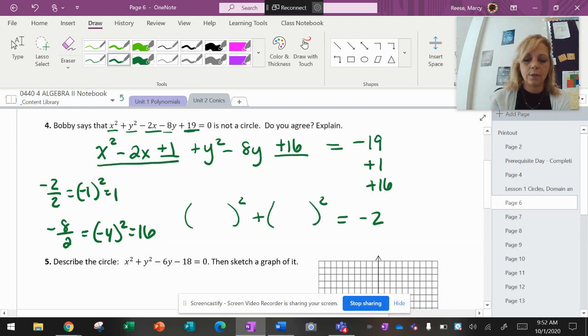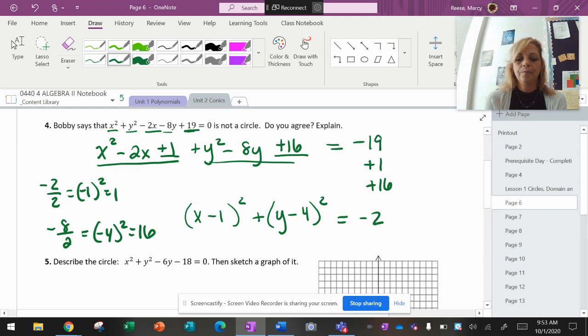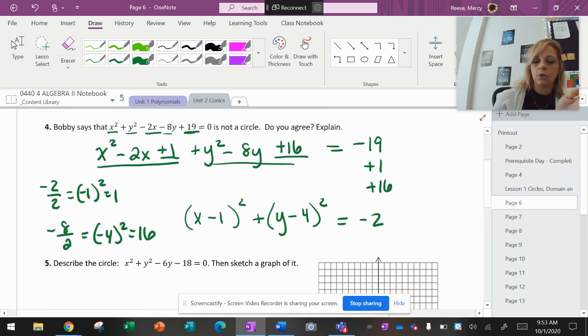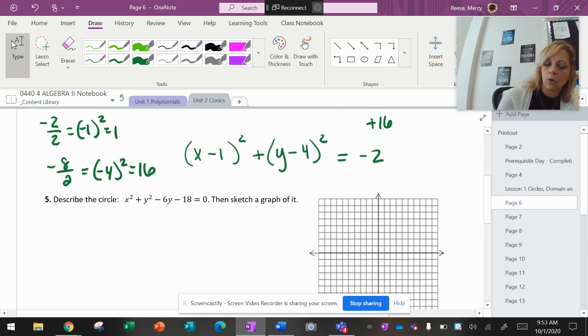So here is my result from taking these and setting them up as factored form. Okay, and we are going to say, do you agree that Bobby says it's not a circle? And we would say yes.